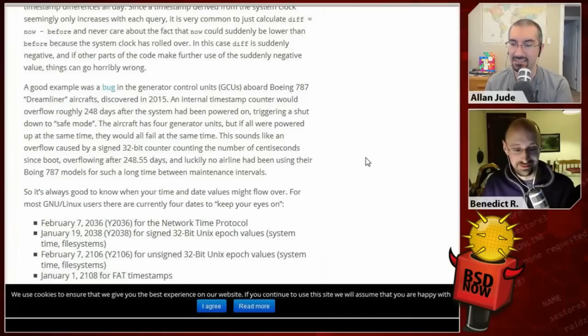So every 248 days, it'll overflow, which will trigger a shutdown into a safe mode. The aircraft has 4 generator units, but if they all powered on at the same time, they will all fail at the same time. This sounds like the overflow is caused by using a signed 32-bit counter that counts centiseconds, which is 100th of a second, which would overflow every 248.55 days.